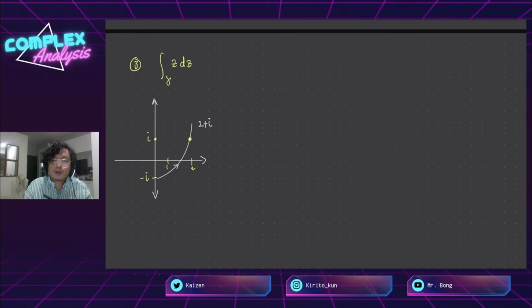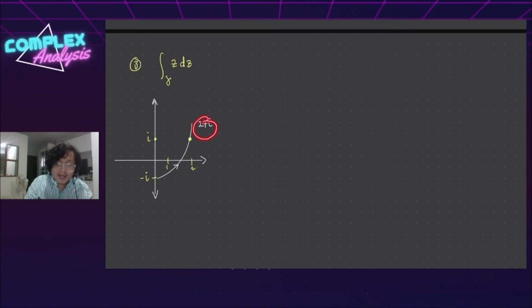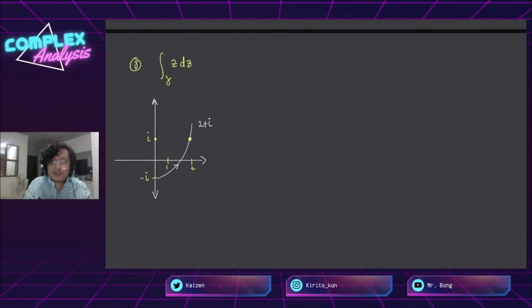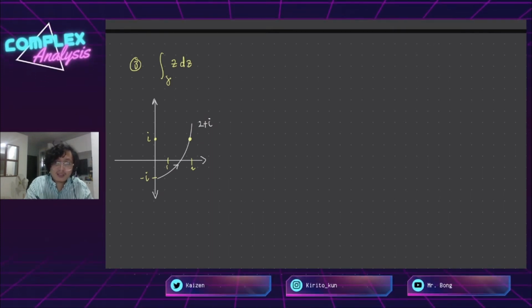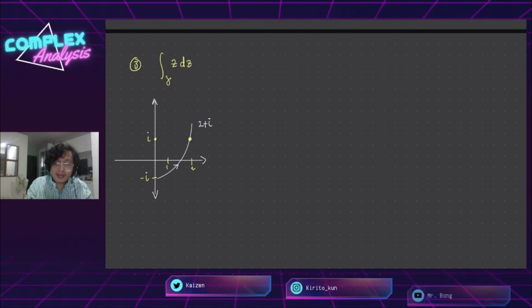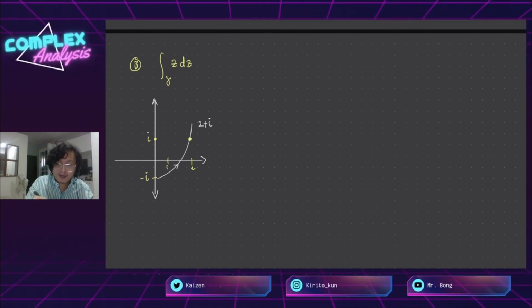And then we go to the right point of the same circle, which is 2 plus i, and that point will always have the angle 2 pi, which is, in other words, 0. Okay? So we know that our interval, or our upper and lower limit, is 3 pi over 2 and 0.